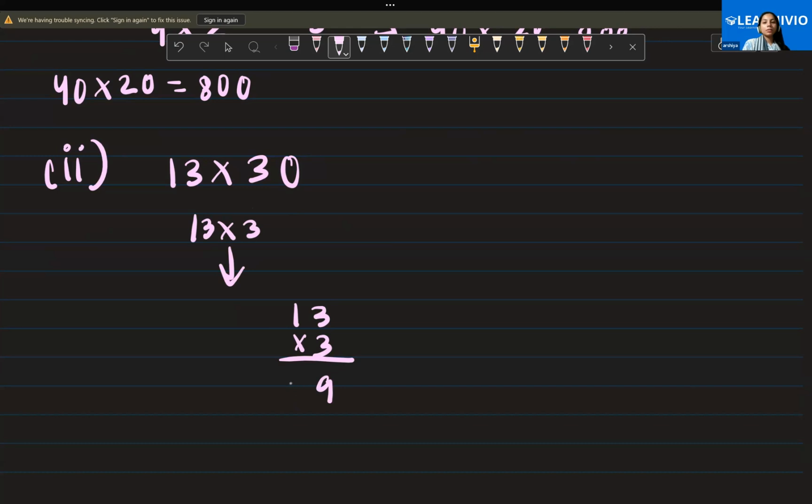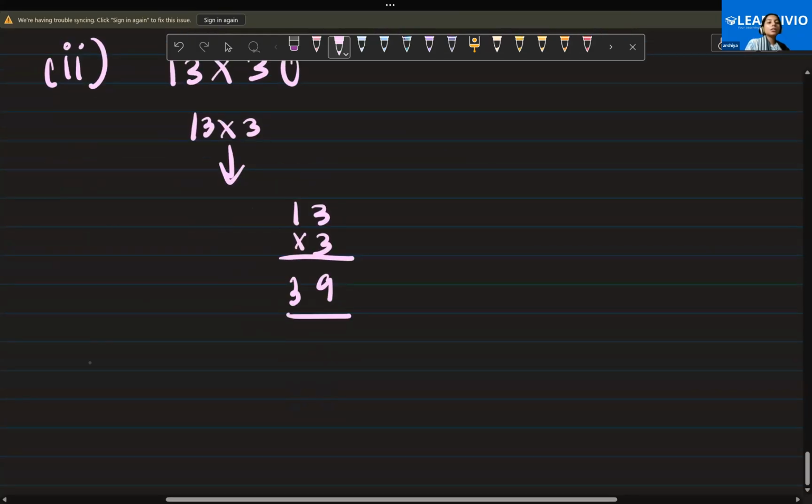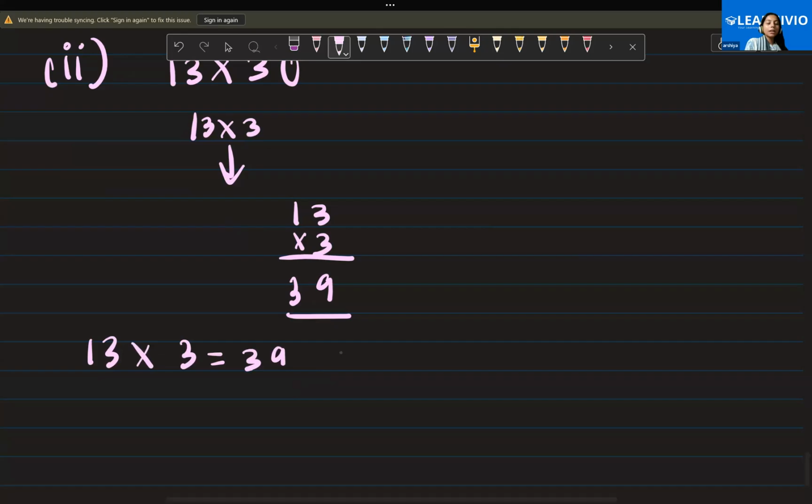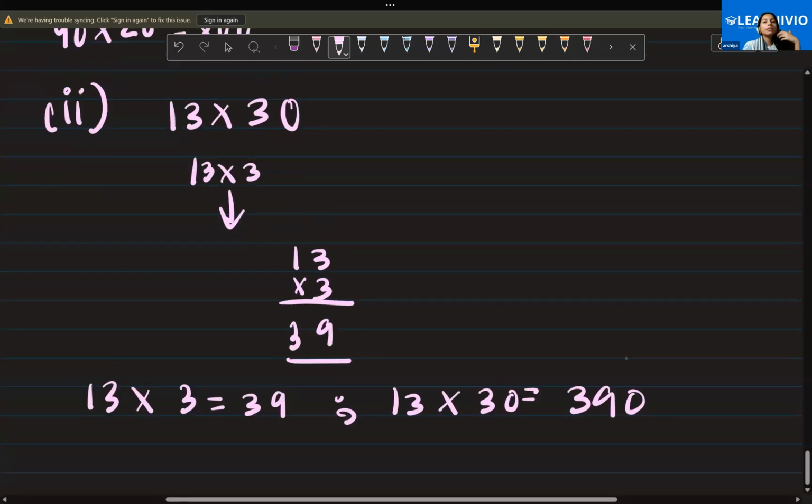So our answer is 39. This is 13 times 3 is 39, whereas we have 30, so I'll bring the 0 back and my answer will be 390. I'll put the 0 that I took away. Write this down and I'll give you a question. Is it easy? Did you understand?